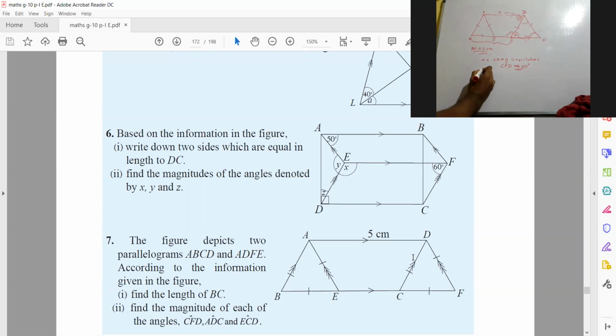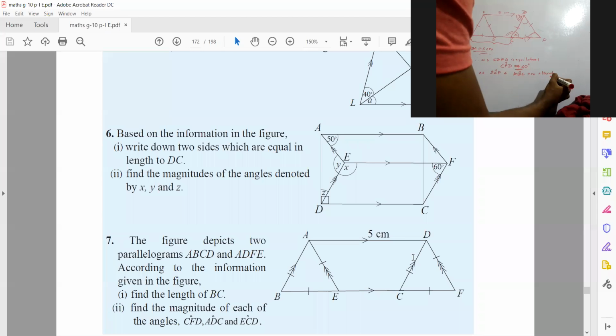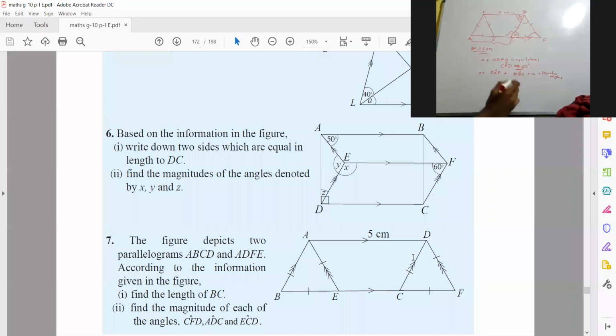Therefore, as DCF and ADC are alternate angles, they are equal, right?